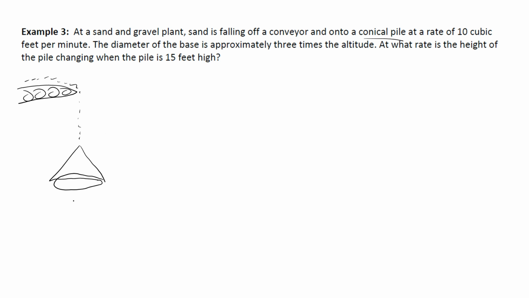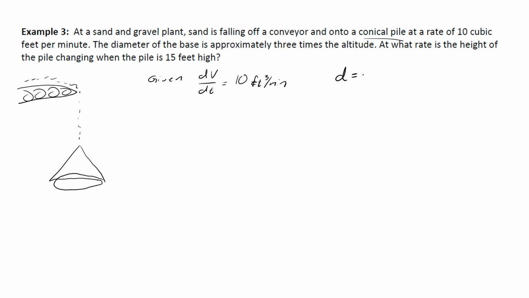And then it says the sand is falling off of a conveyor onto a conical pile at a rate of 10 cubic feet per minute. So what I'm given is that dV/dt is equal to 10 feet cubed per minute, and that the diameter of the base is approximately 3 times the altitude.